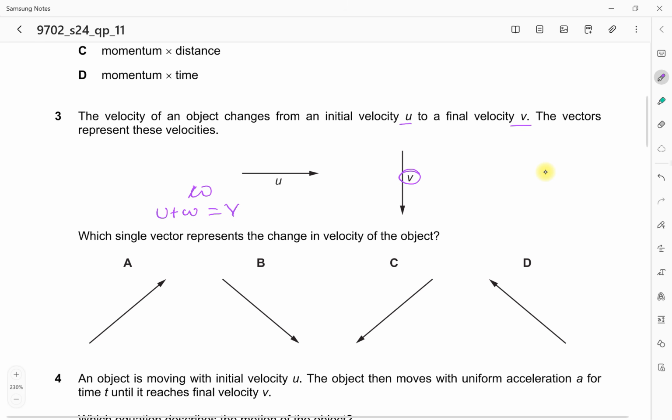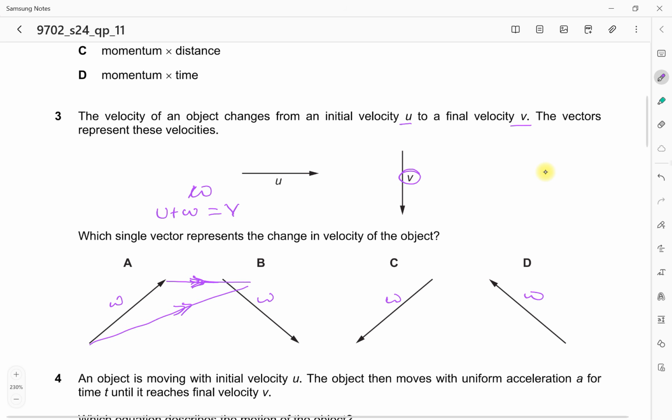So we can try to check. V should be vertically downwards. If we say this is W, these ones are representing W. If on W I add U, the resultant will be in this direction.